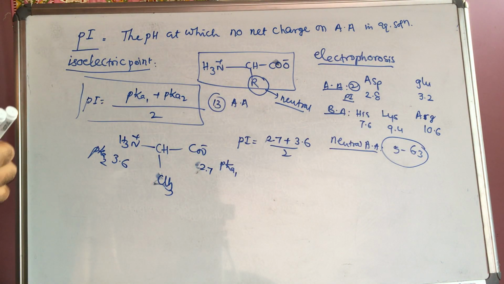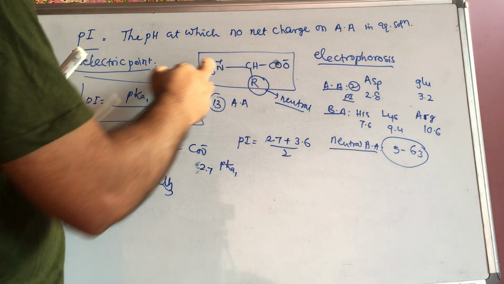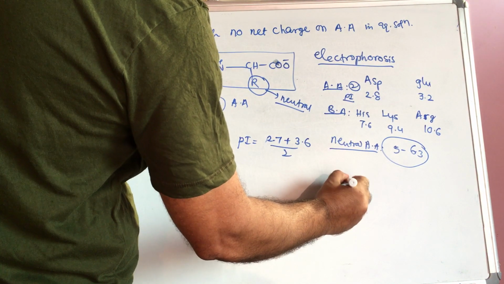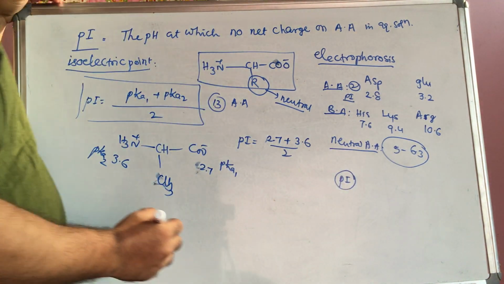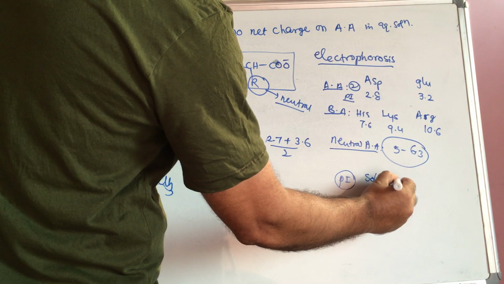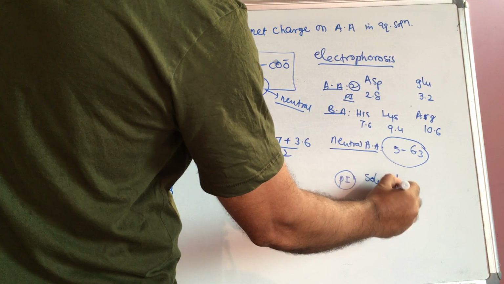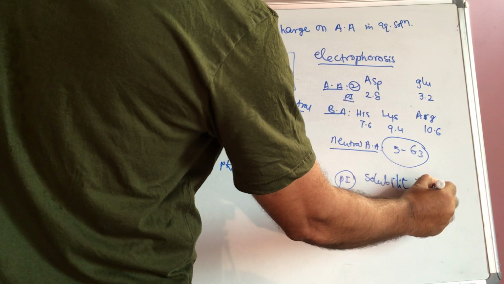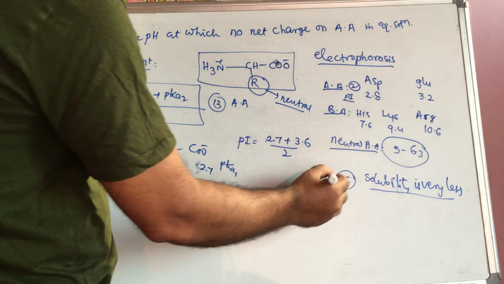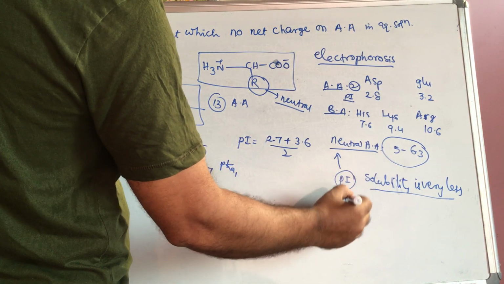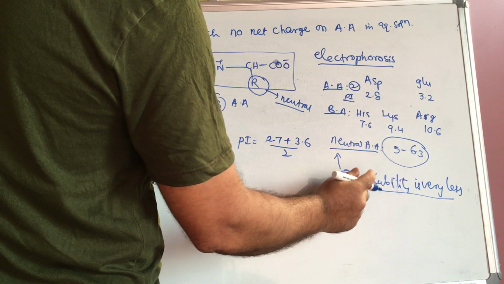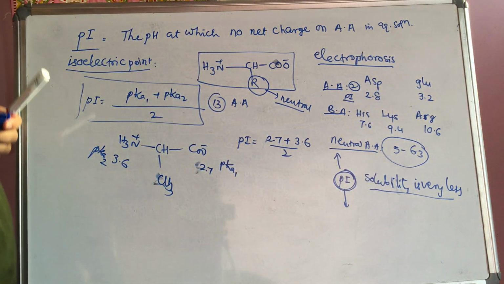And keep in mind, at the Zwitterion form, that is at the pI, the solubility of the amino acid is very low. Above and below this value, solubility will increase, but at the pI, solubility is very low because it exists in the form of a salt.